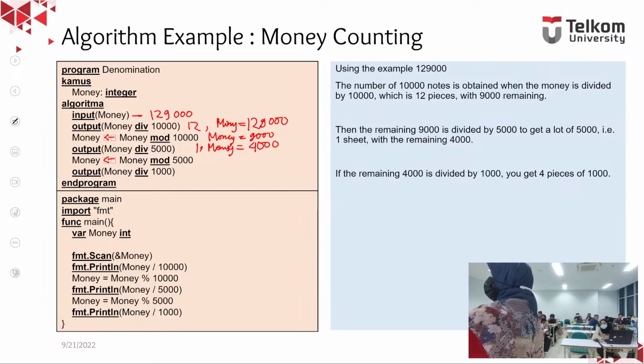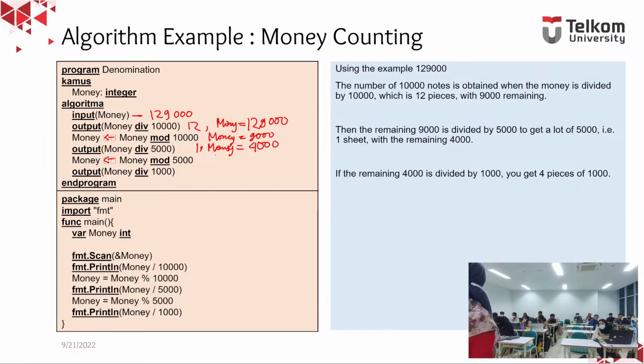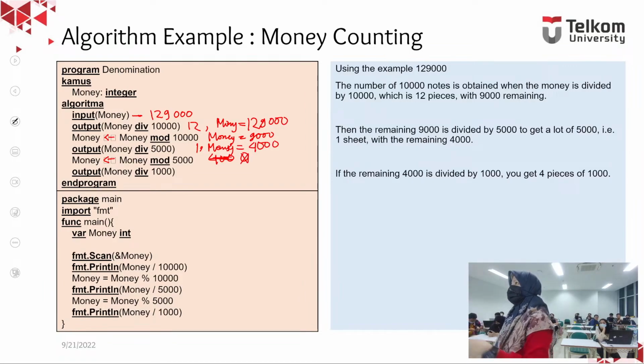Sorry, the money value before that is 9,000, and money mod 5,000 is 4,000.